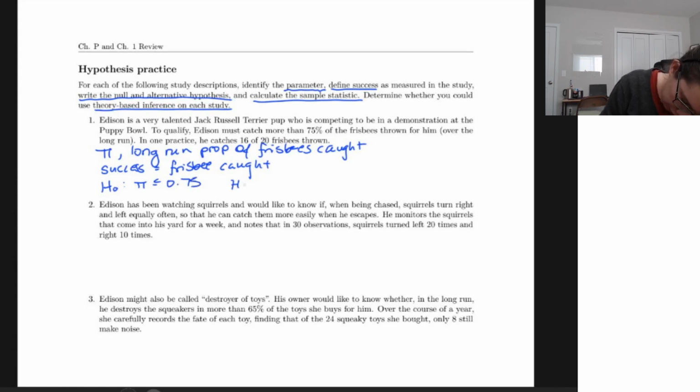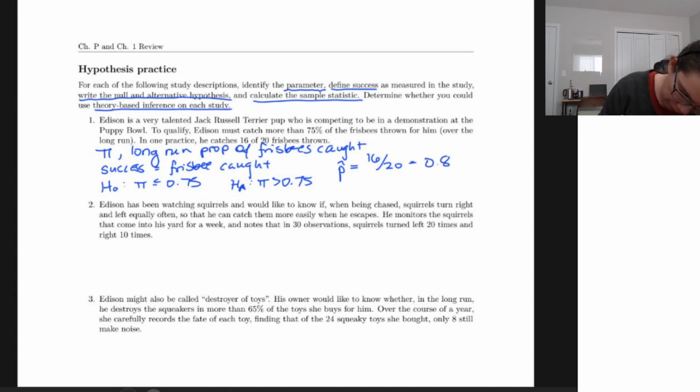The alternative is pi is greater than 0.75. And the sample statistic is p hat equals 16 out of 20 equals 0.8.